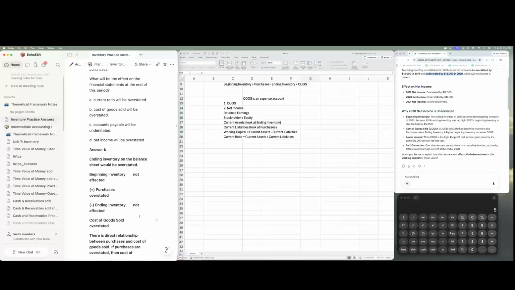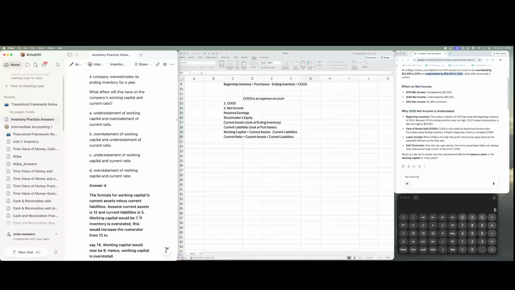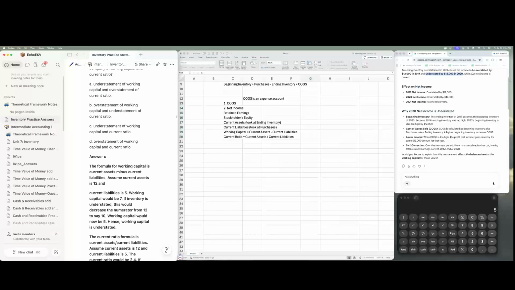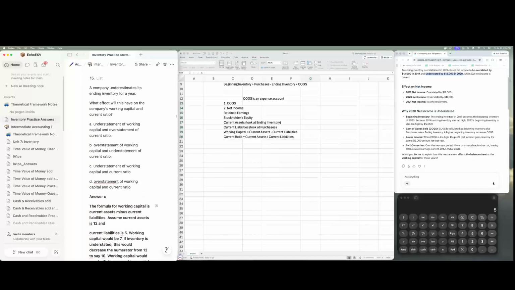Okay, let's just try the rest of these because there are only a few left. A company underestimates its ending inventory for a year. Oh man. Okay, ending inventory was underestimated.